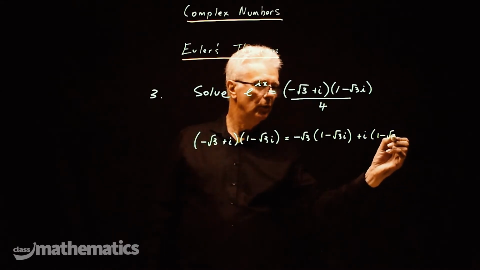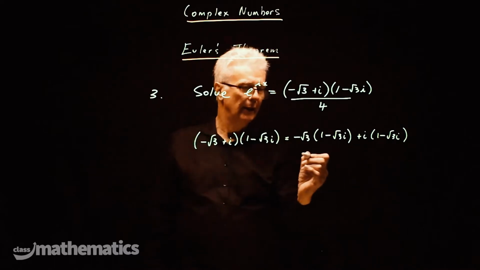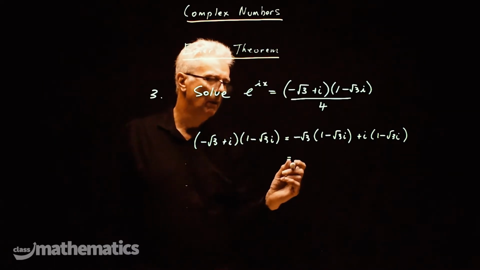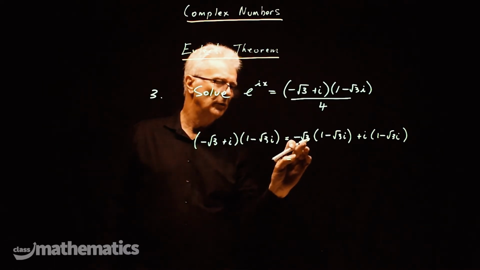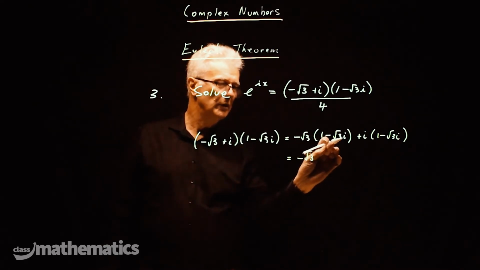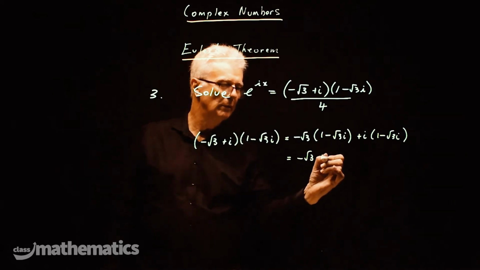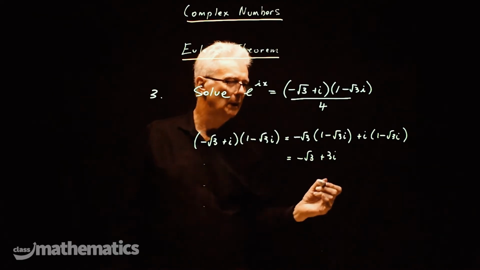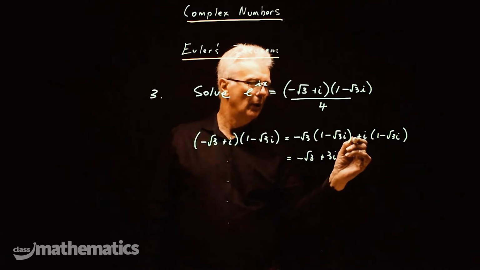1 minus root 3i. You could use FOIL, but it gets a bit tricky with all these negatives. So here we've got minus root 3 times minus root 3, and that will give me plus 3i. And here we're going to have plus i.